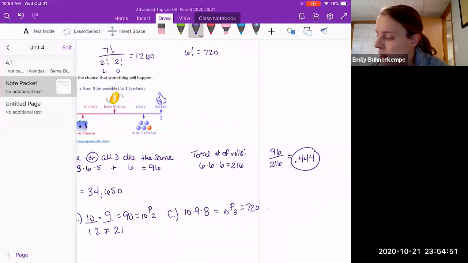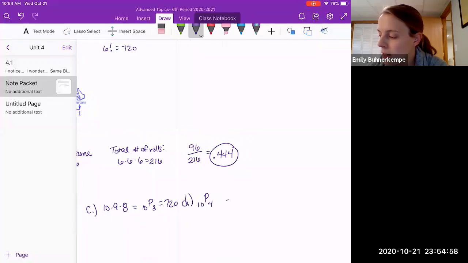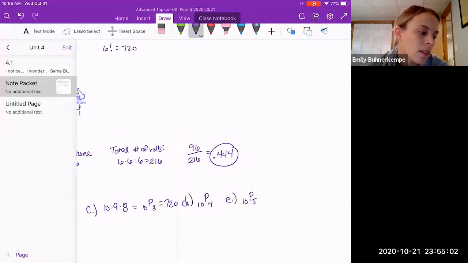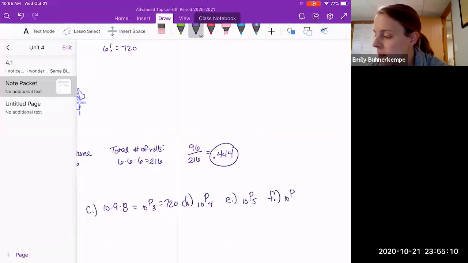A 4-digit PIN, you're probably getting the pattern here, 10 permute 4. A 5-digit PIN, 10 permute 5. Question F asks us for a 10-digit PIN. 10 permute 10. And then question G says an n-digit PIN.